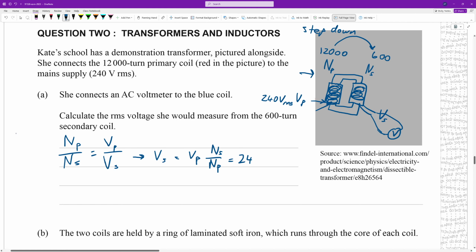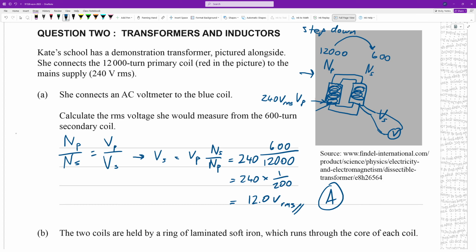So 240 volts across the primary, 600 turns across the secondary, 12,000 turns across the primary, which is 240 times 1 over 200. In other words, 240 divided by 200, which gives 12.0 volts RMS. And that is an achieved question.